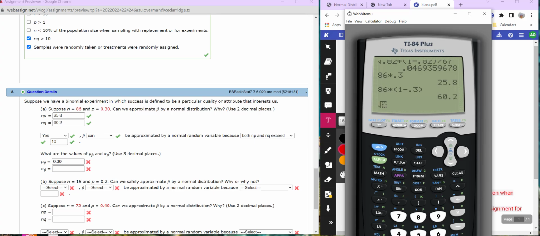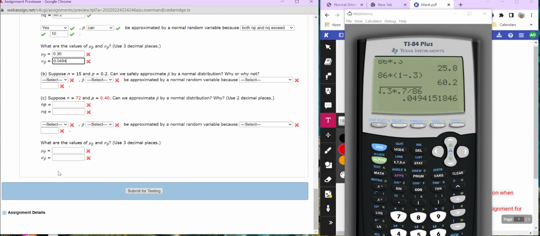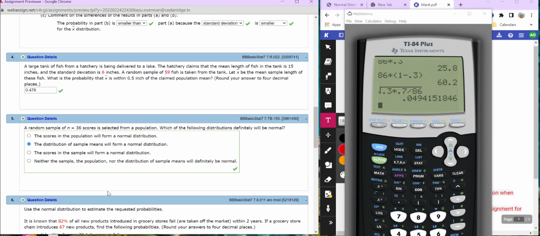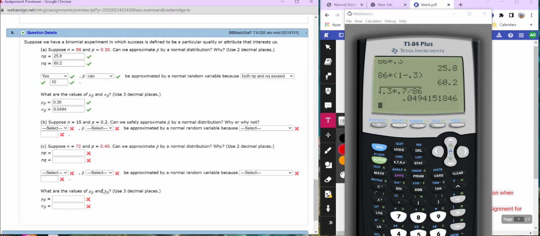Second, square root of 0.3 times 0.7, divided by our sample size, which is 86. And I've got 0.0494. Technically, I could say 0.049.